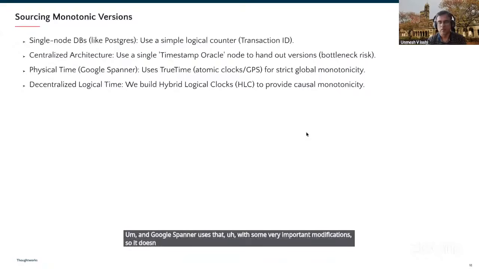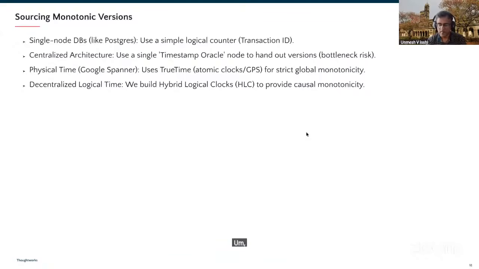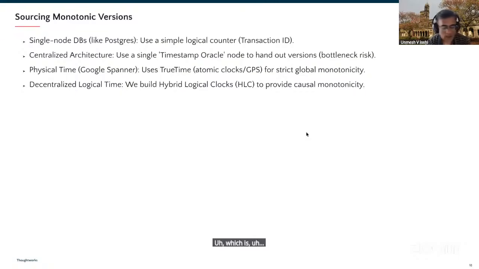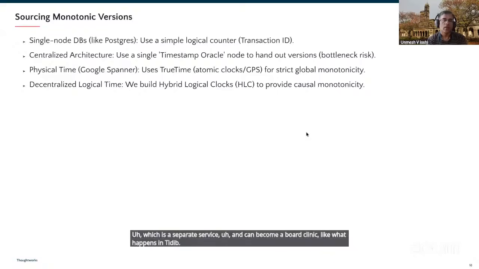It doesn't use Linux's get time of day, but has a unique time API provided by what they call TrueTime, and that allows them to use system timestamp as a version. The advantage is that you don't depend on any timestamp oracle, which is a separate service and can become a bottleneck, like what happens in TiDB.